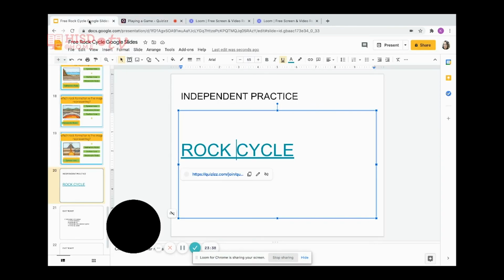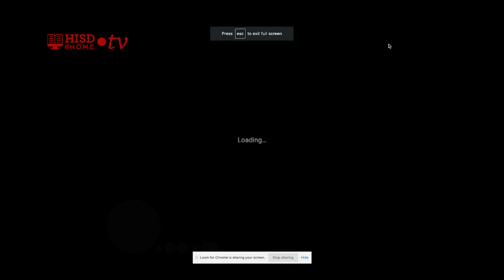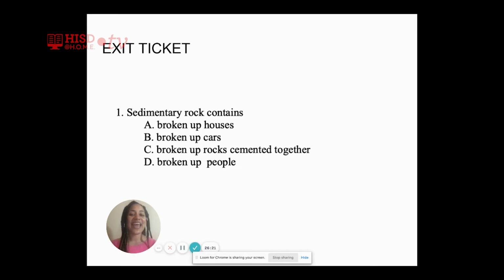So let's get into the last part of our session today, which is our exit ticket. And so, question number 1, sedimentary rock contains A, broken up houses, B, broken up cars, C, broken up rocks cemented together, or D, broken up people.